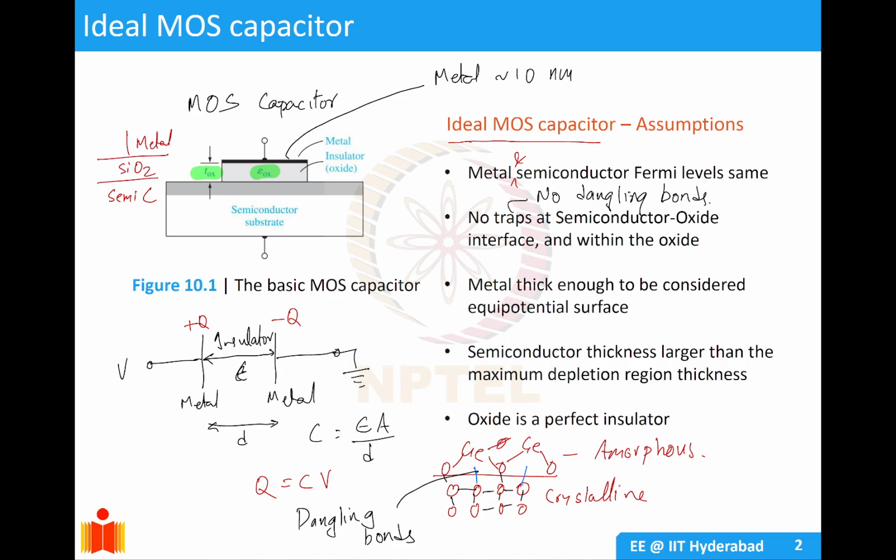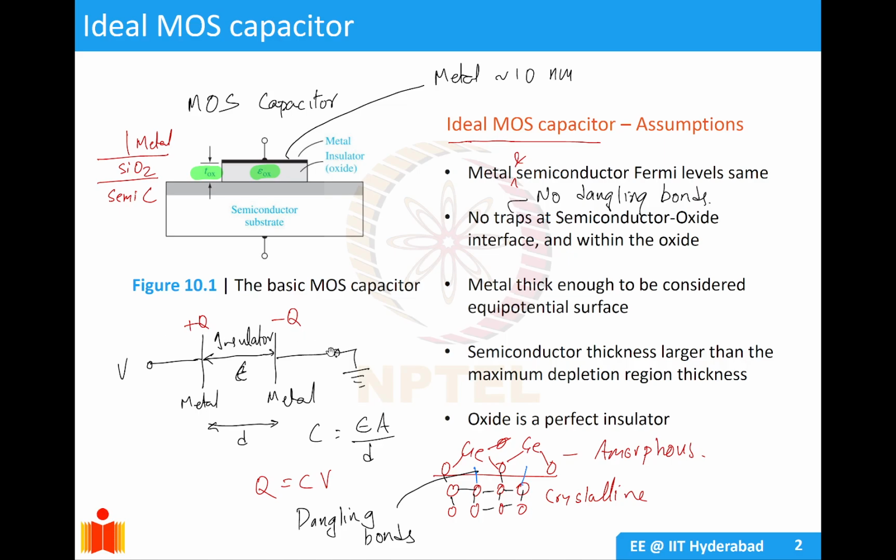We call it an oxide generally, because in silicon cases this insulator is silicon dioxide. It can be any other insulator also.